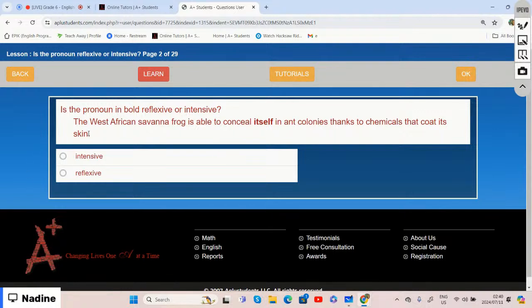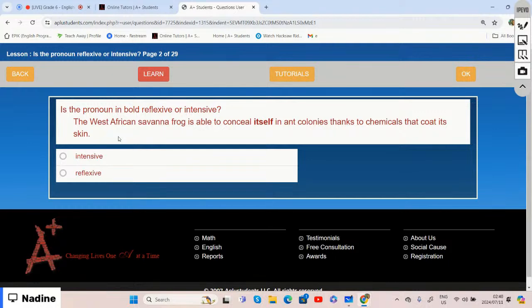All right, they say the West African savanna frog is able to conceal itself in ant colonies thanks to chemicals that coat its skin. So we need to say this is an intensive pronoun or a reflexive pronoun.